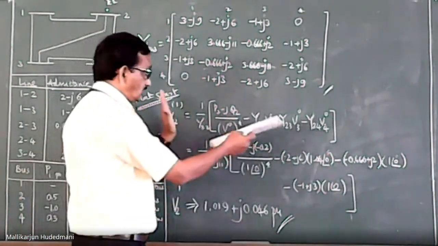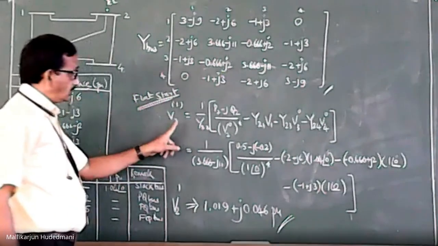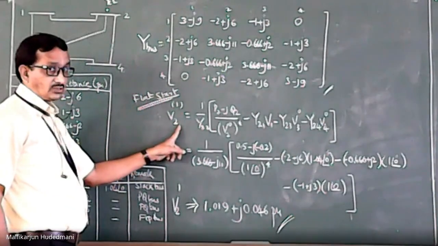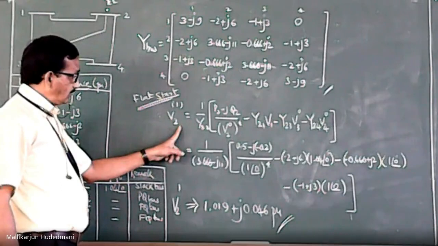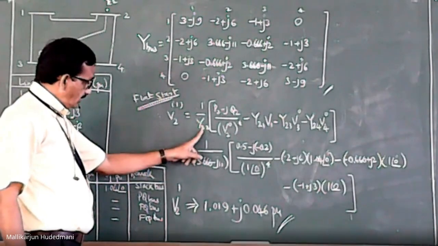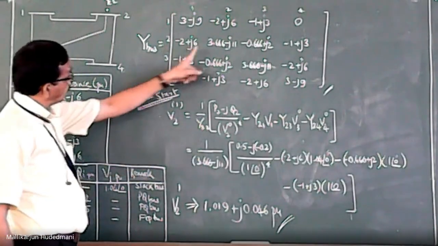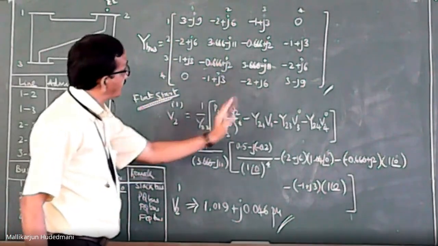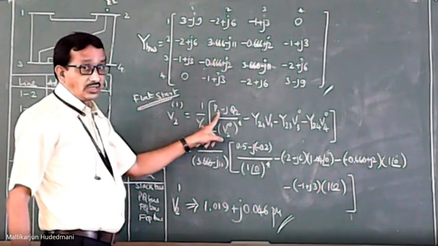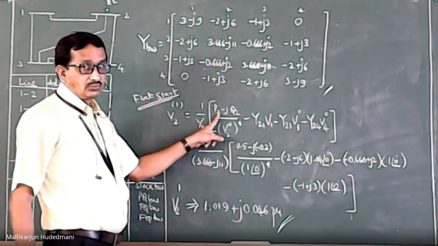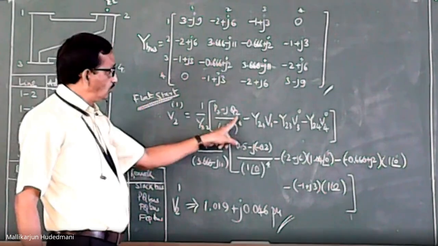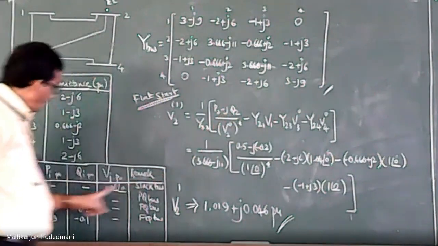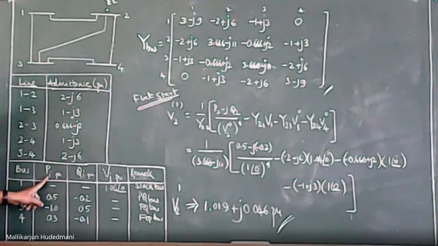That expression was used here to write the possible voltage solution at bus number 2, established with 1 divided by the diagonal element Y22, 2 cross 2, into the bracket inside. The power situation, the active power situation at bus number 2: what are this P2, Q2? P2, Q2 are from the table of information mentioned here. Can you see over here?